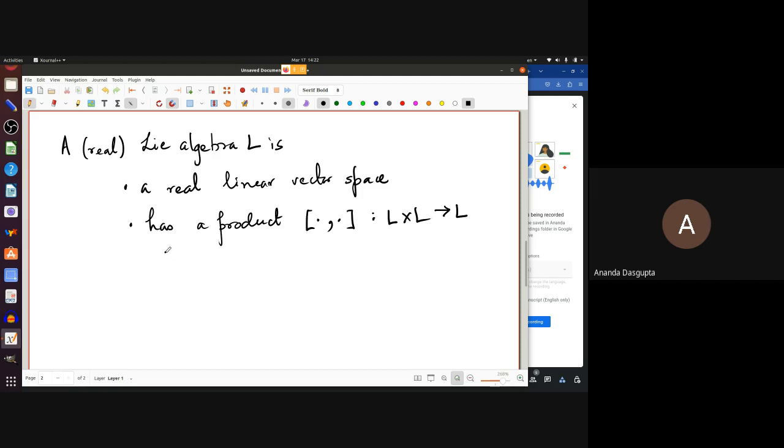Now, to qualify as a product on a vector space, this product must be linear. In other words, if you give T and U plus V, you get T and U plus T and V. Okay. There's nothing to do with Lie algebra. In any algebra, you must have this. The product must distribute nicely over the sum, which is defined in a linear vector space. Okay? Sir? Yeah.